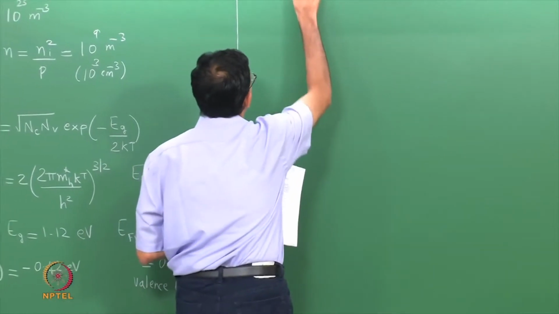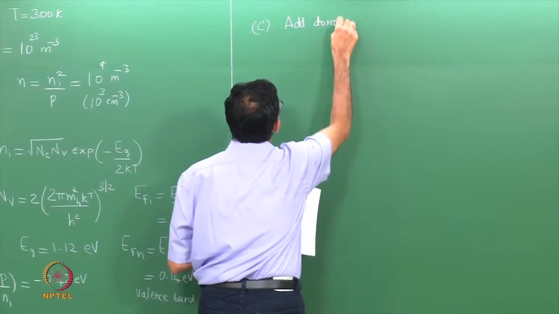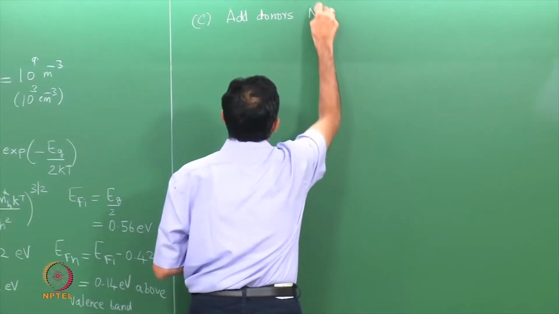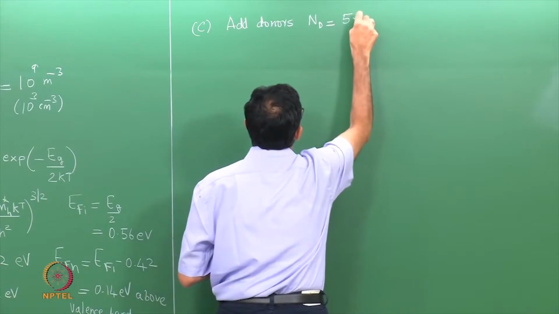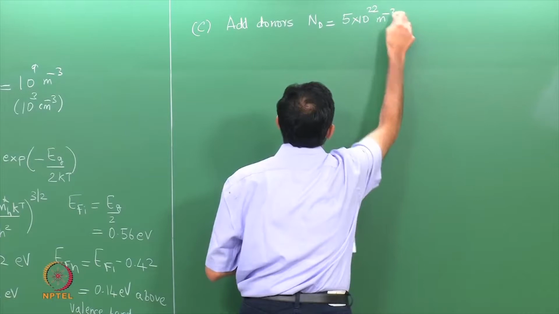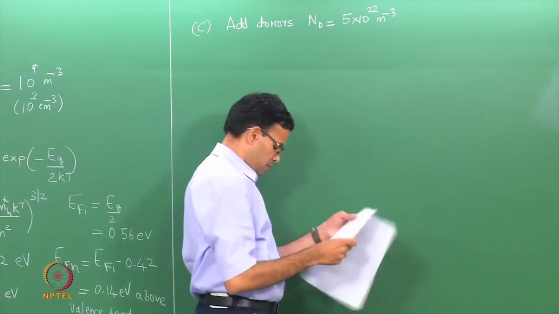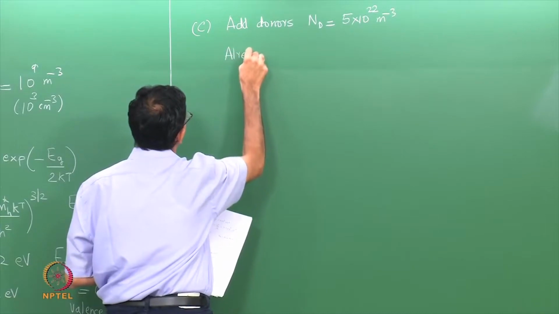So, we now add donors, and the concentration ND is 5 times 10 to the 22 per meter cube. The sample already has acceptors.